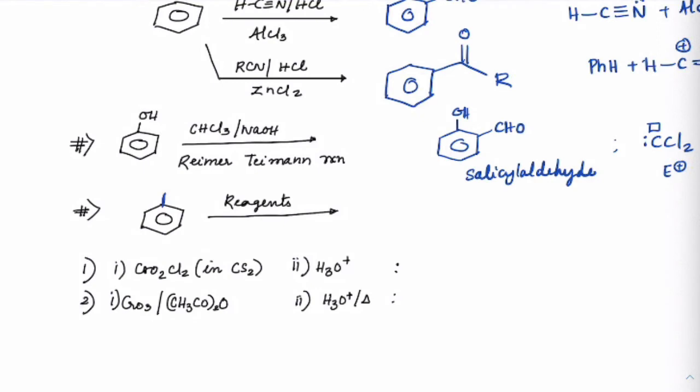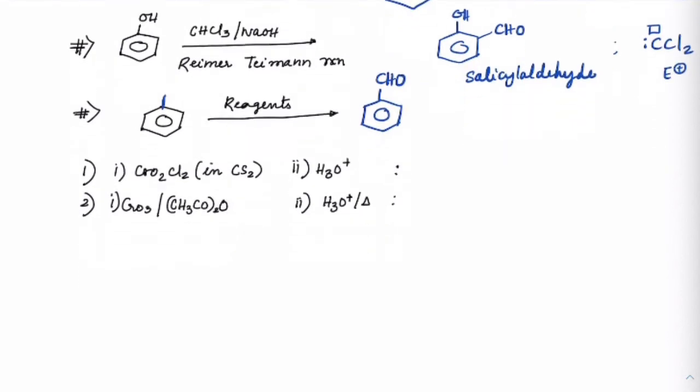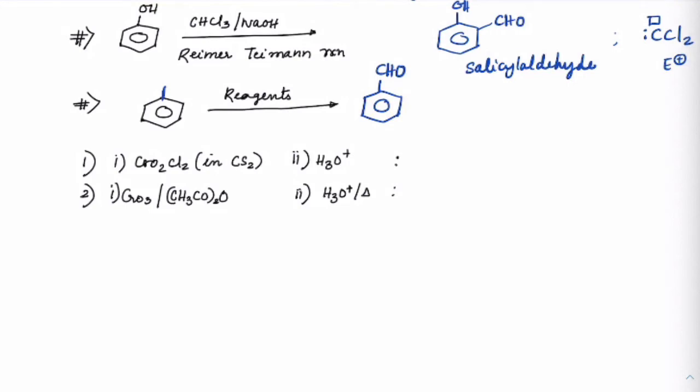Suppose if I take toluene, from toluene I can get CHO by using certain reaction. First reaction which we can check about is CrO2Cl2 in CS2, okay, which means completely anhydrous and non-polar solvent. So in that case, what is the reaction going to be?